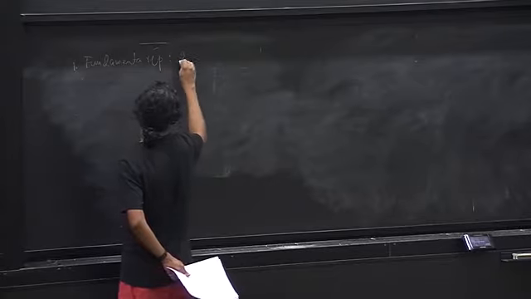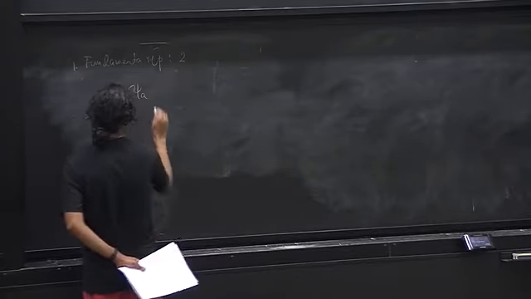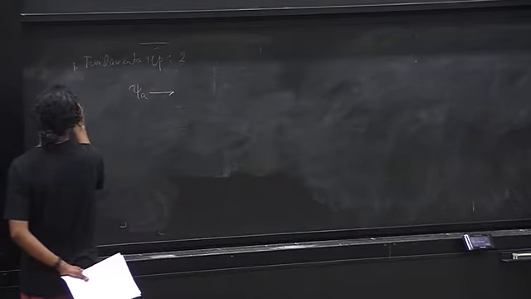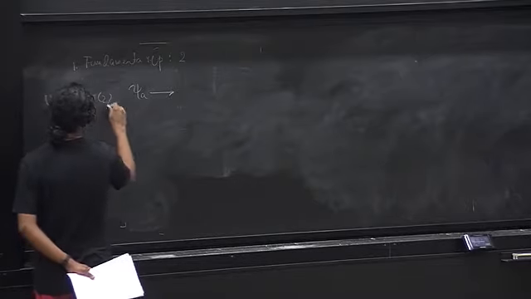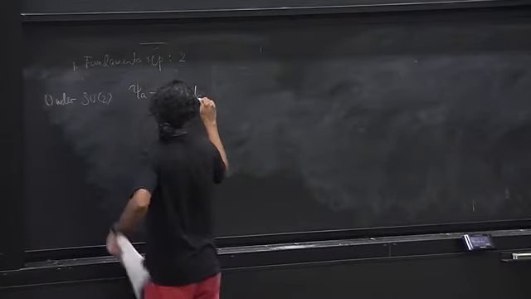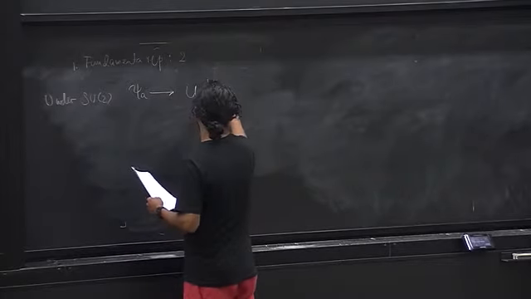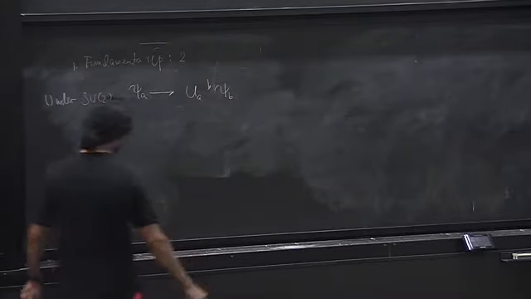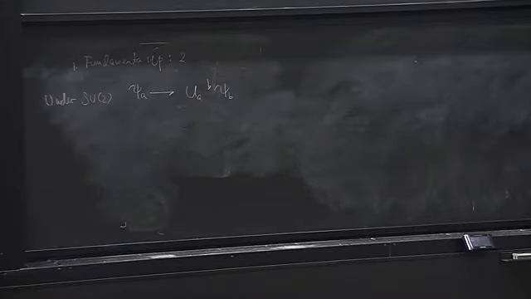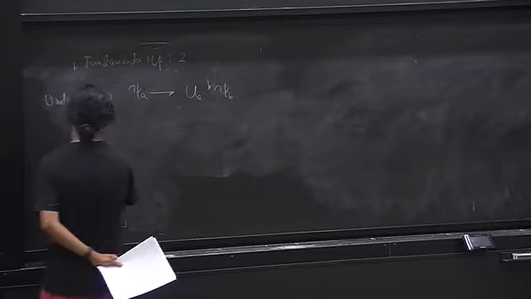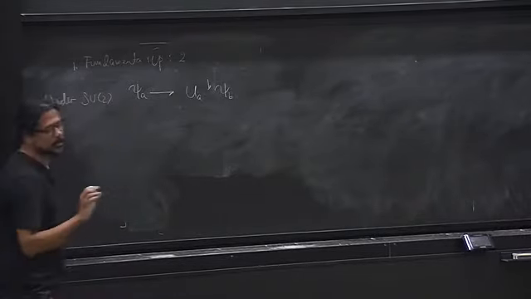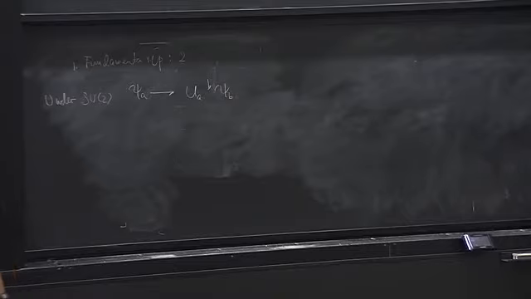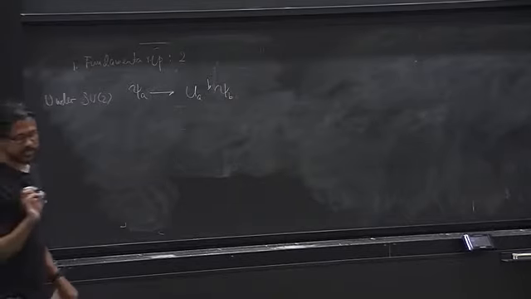So this is 2, and under an SU2 transformation, this goes like U of A, B acting on psi B. You can call it a vector, right? It's a particular kind of tensor, the most basic tensor we can have, which transforms under SU2.